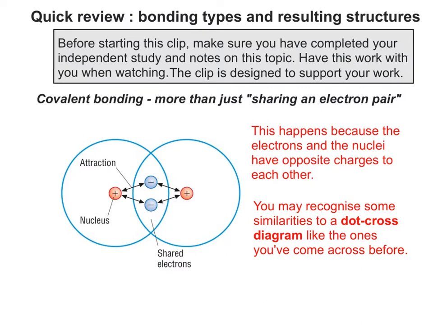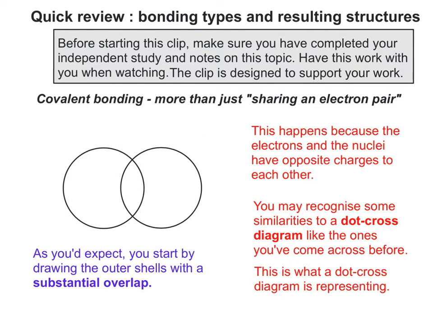You may also recognise some similarities between the diagram and the dot-cross diagrams you've come across before. That's because this is what a dot-cross diagram is representing when we're dealing with covalent bonding. The first thing to do if you're drawing a dot-cross diagram is draw the two outer shells of your two atoms, with a substantial overlap.